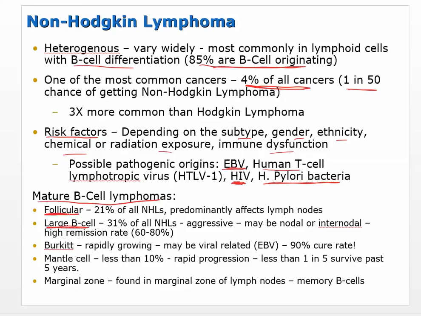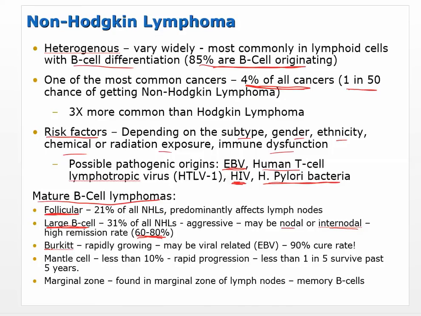Okay, so now these can be very aggressive, and they're not as easy. They may be nodal, so they may be part of the lymph nodes, or they may be internodal, so they may appear between the lymph nodes, which is still reasonably easy to find. It has a 60 to 80% remission rate. Okay, so that's large B cell.